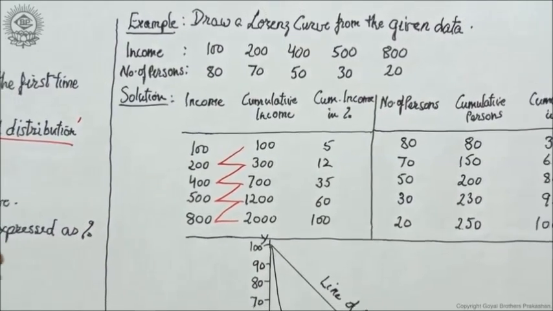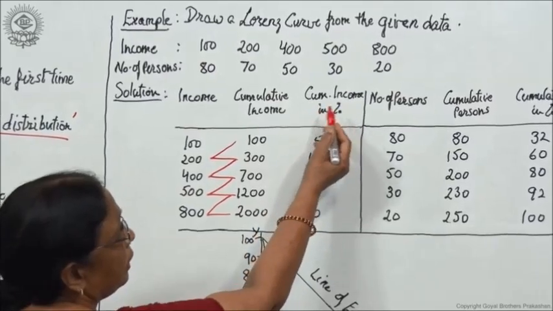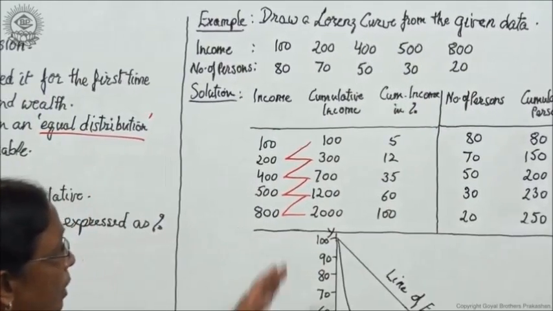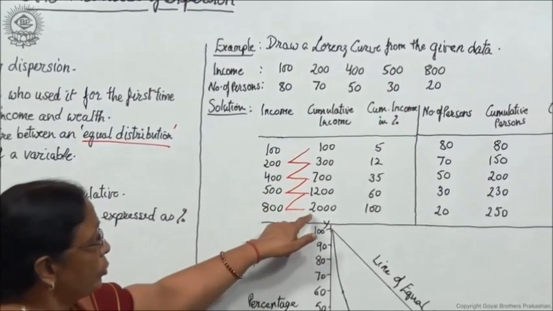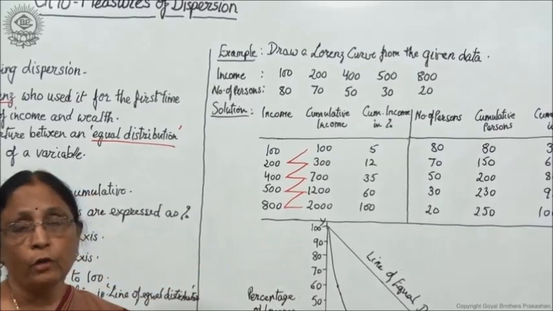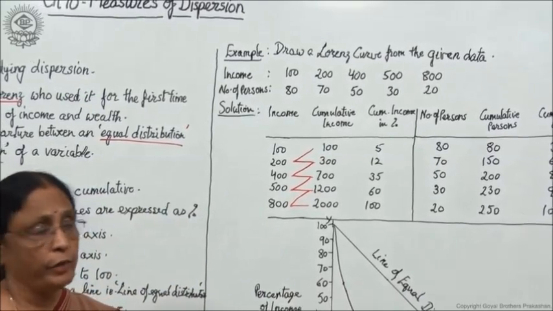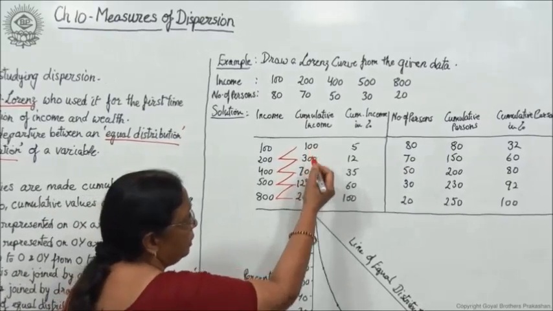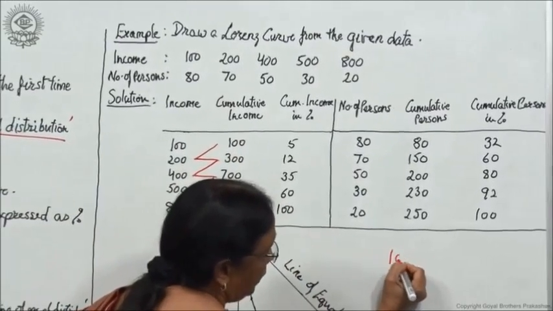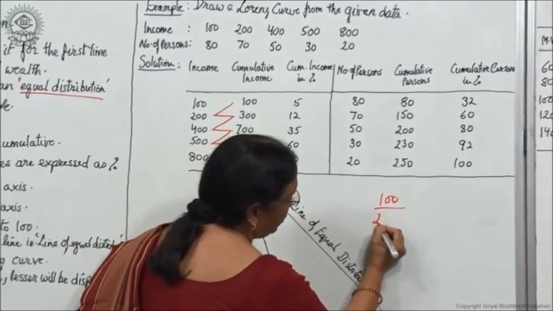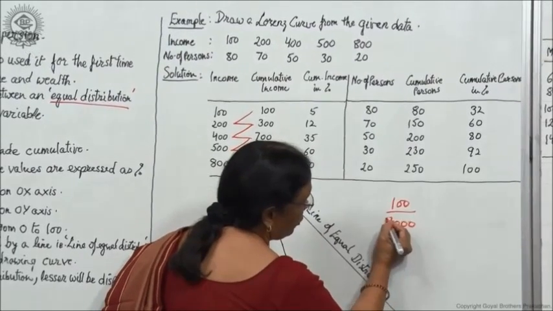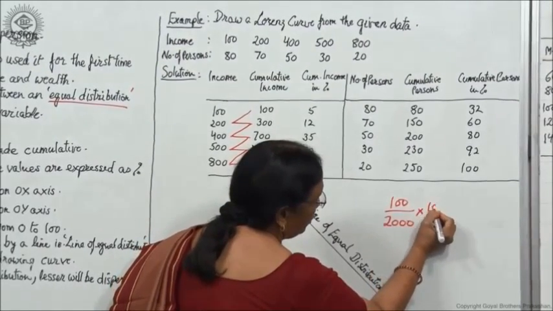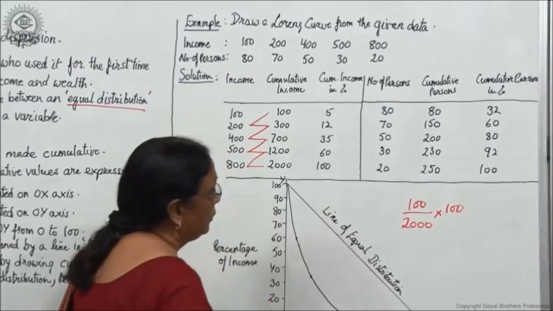Now the next step is cumulative income in percentage. This cumulative income you have got 2000. Now you have to take out the percentage of each category. How to take out the percentage? 100 divided by the total, that is 2000, into 100, right?